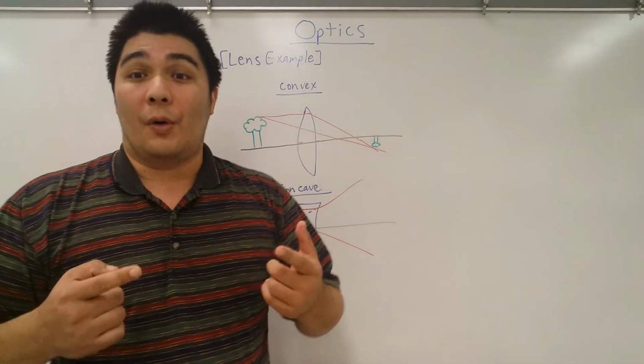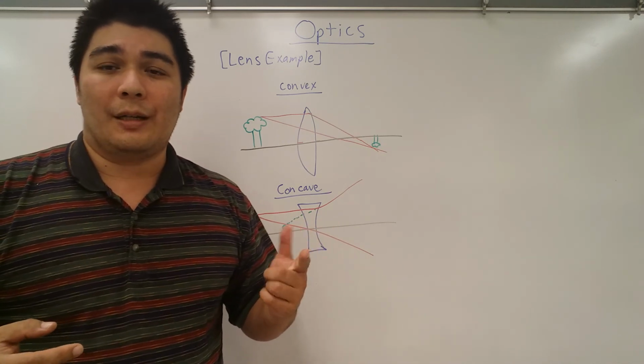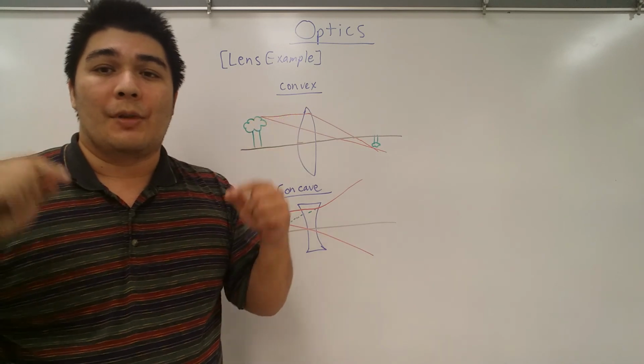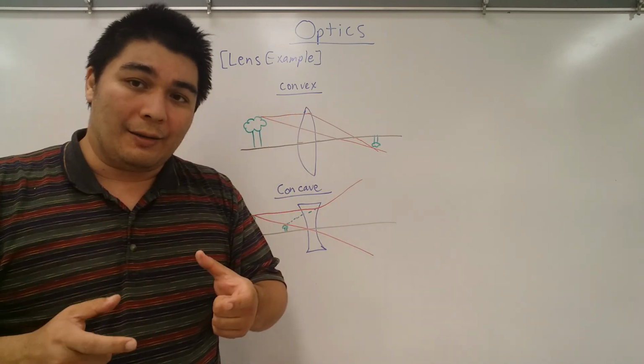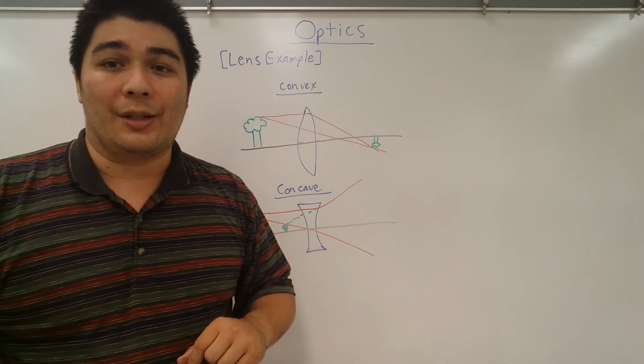Every lens will have a focal length, and you can actually discover what the focal length is by taking parallel beams of light. For example, the lights above me are far enough away that they're parallel, and then wherever you see the image projected, that's the focal length of the lens.